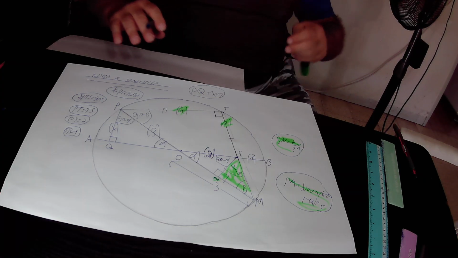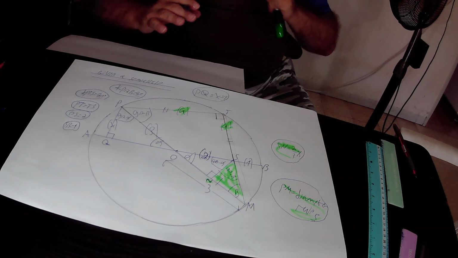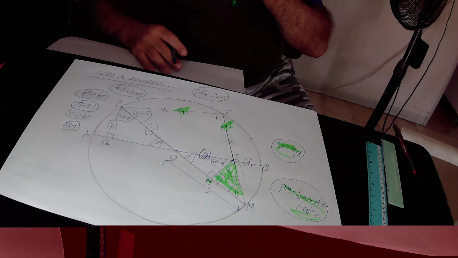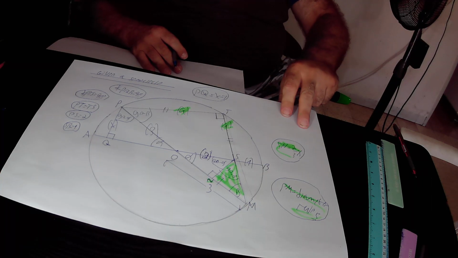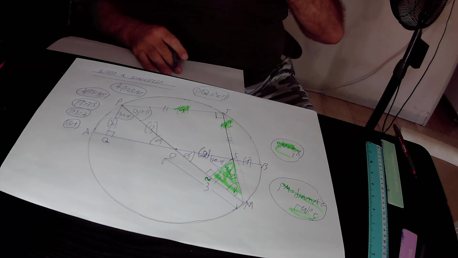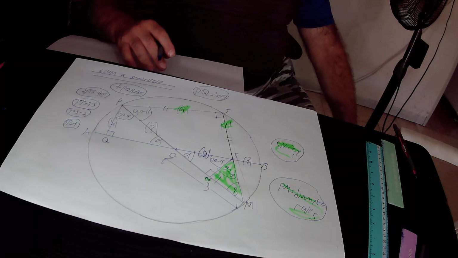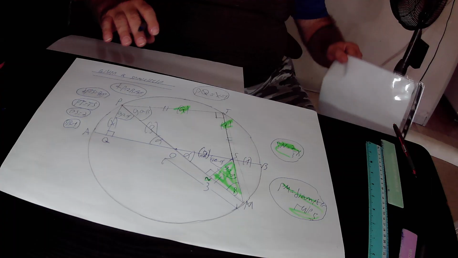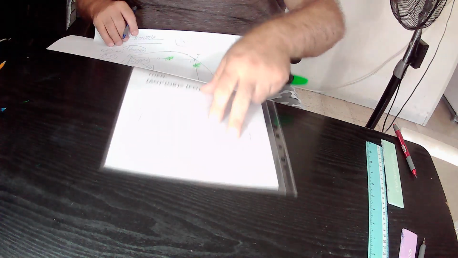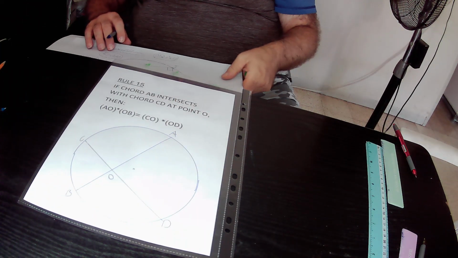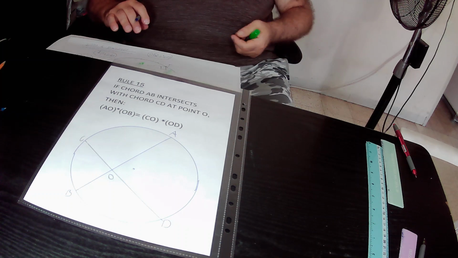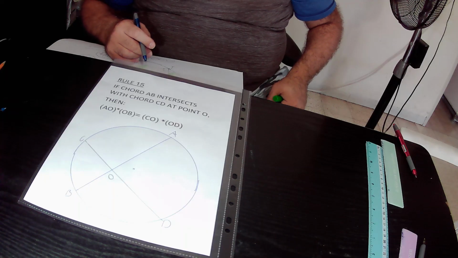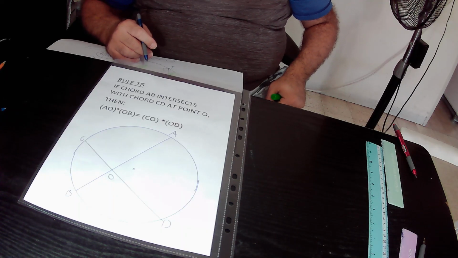So we can implement here rule 15. Let me repeat quickly rule 15. According to rule 15, if chord AB intersects with chord CD at point O, then AO times OB equals CO times OD.